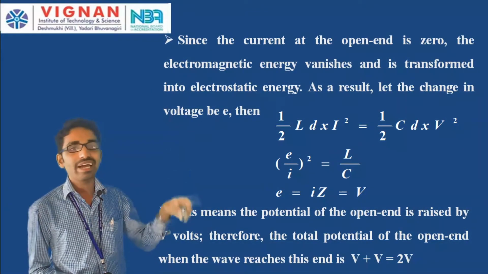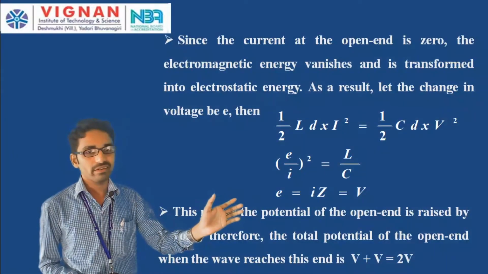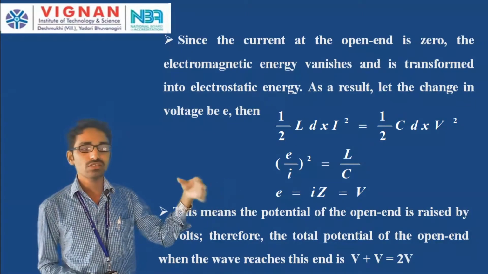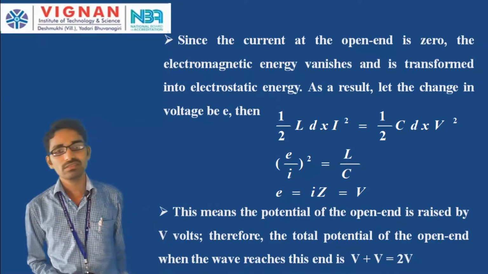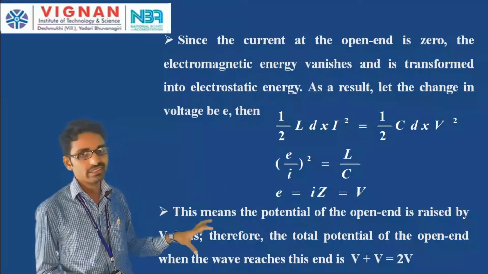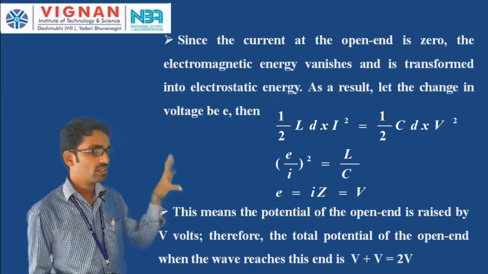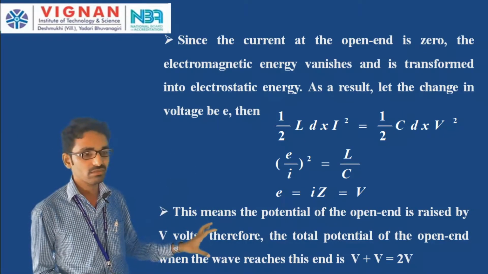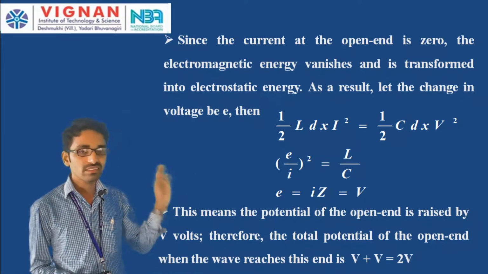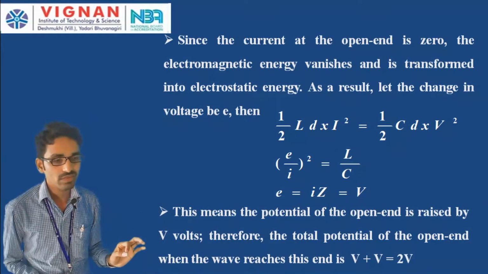There is no current to flow after the open end, right? After the open end there is no path. Then the electromagnetic energy, half L dx I square, with I equal to 0, vanishes, and that is transformed into the electrostatic energy.